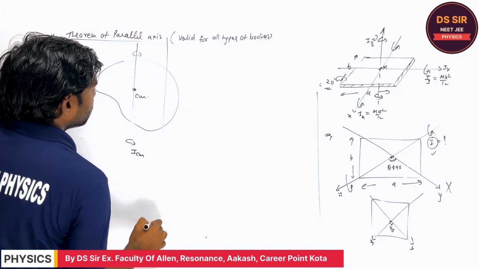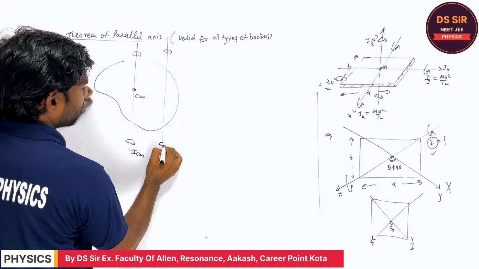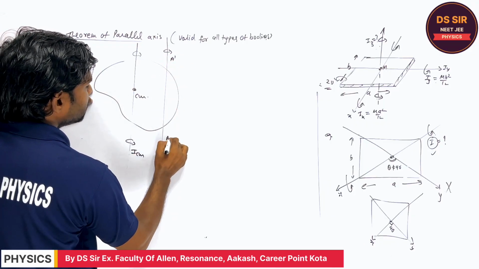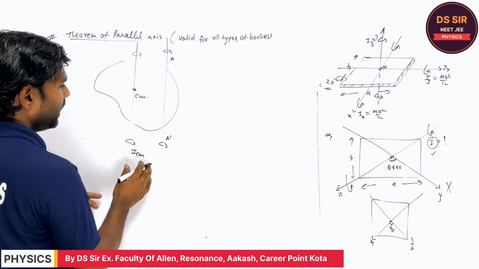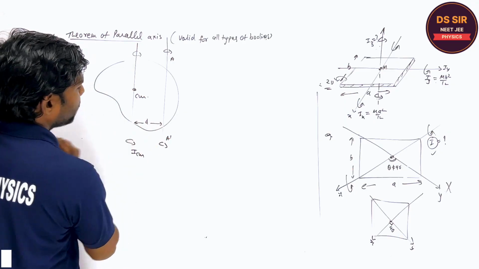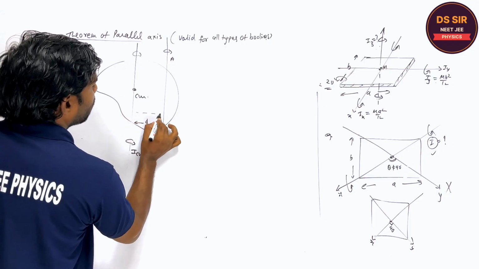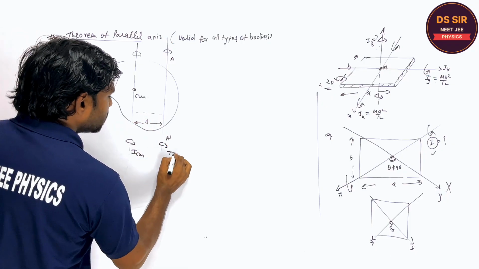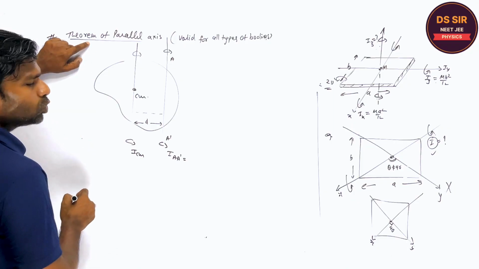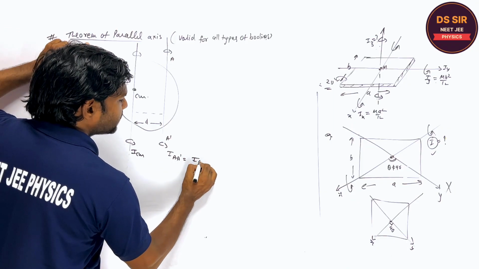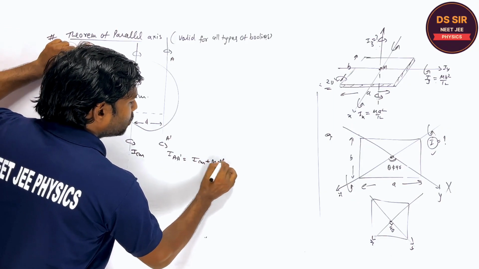Now if I consider another axis AA dash, parallel to this axis, and the perpendicular distance between them is d, the moment of inertia I dash according to the theorem of parallel axis is equal to ICM plus m into d square.